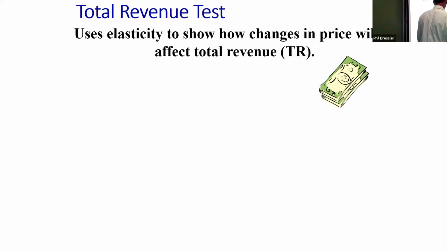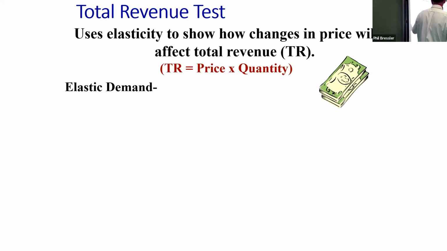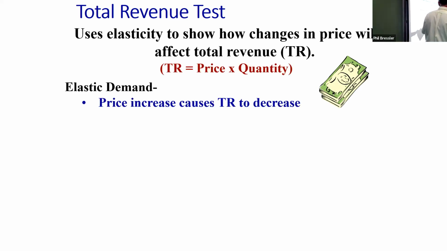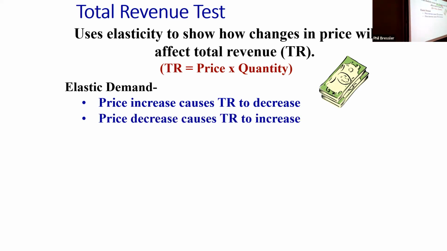All right. The next thing that I guarantee there's a question on is this total revenue test. Total revenue is price times quantity. For elastic, there's an inverse relationship. If price increases, quantity demanded is going to decrease more. So you're going to have an inverse relationship between price and total revenue.